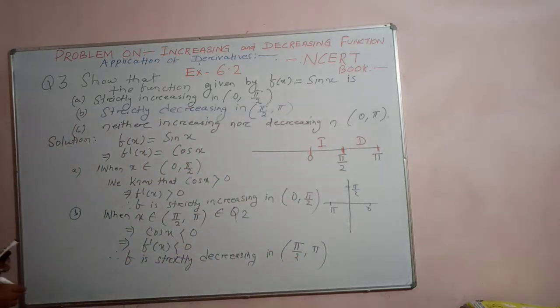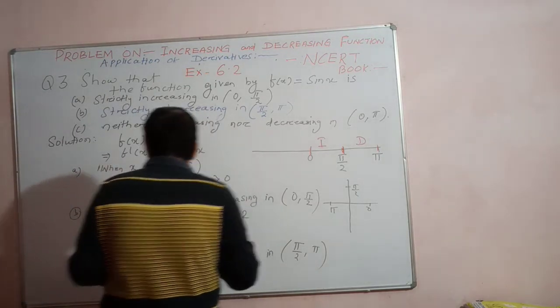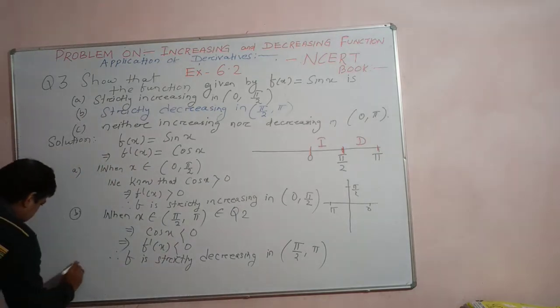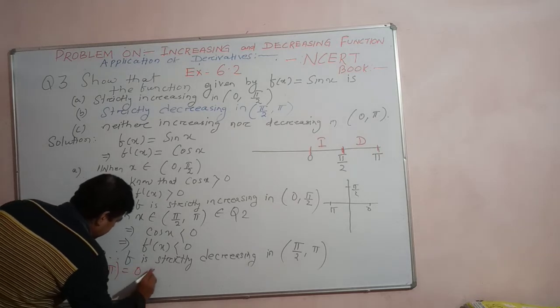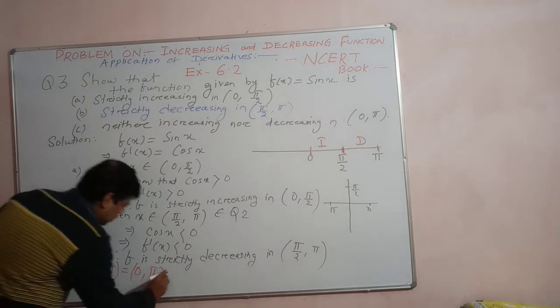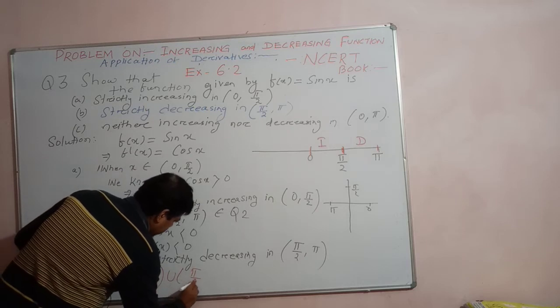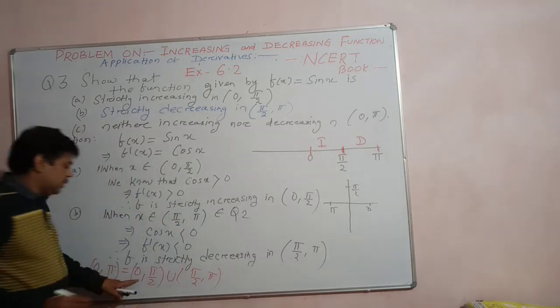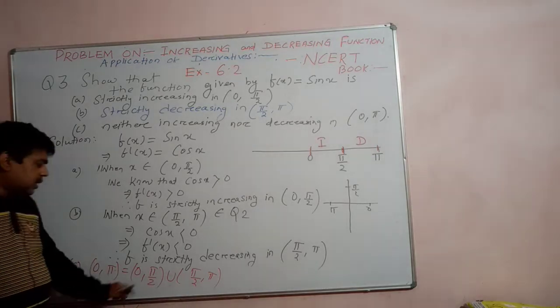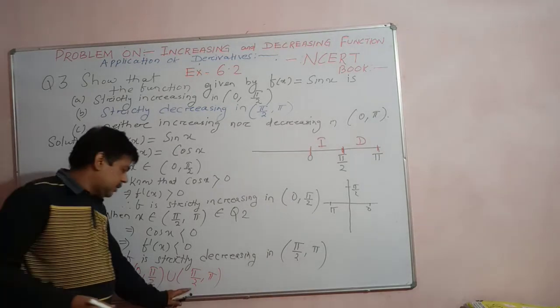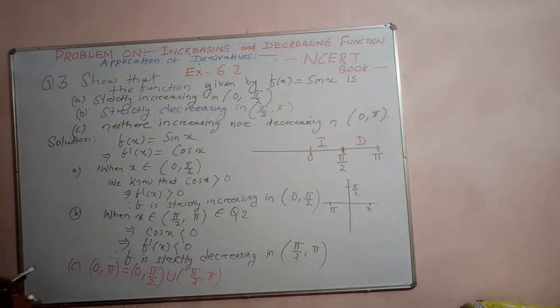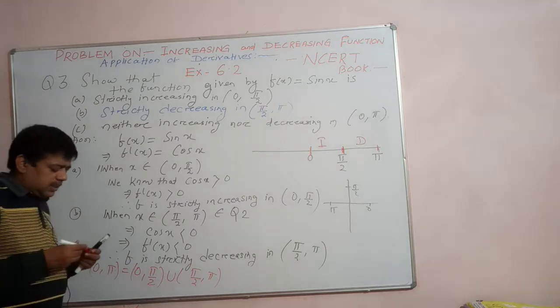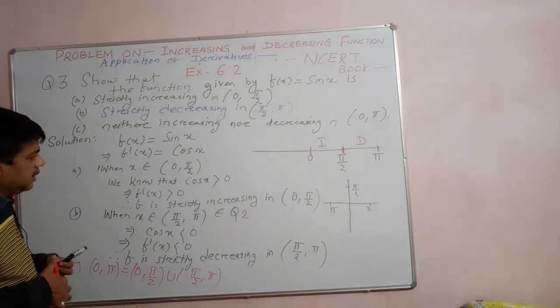So the function is neither increasing nor decreasing in the interval 0 to pi, because the interval 0 to pi means the combination of 0 to pi by 2 union pi by 2 to pi. In the first interval the function is strictly increasing, in the second interval the function is strictly decreasing. As a result, the function is neither increasing nor decreasing.